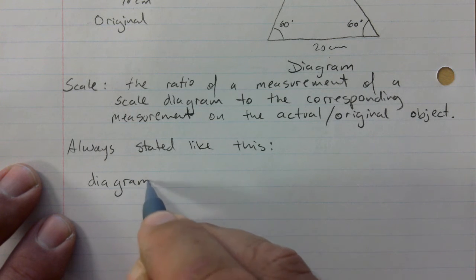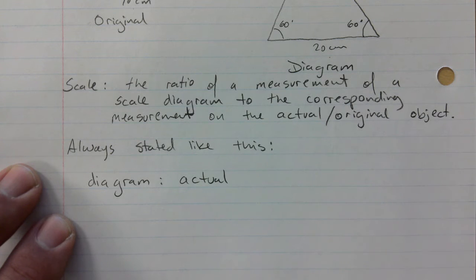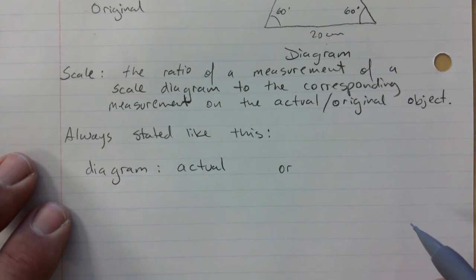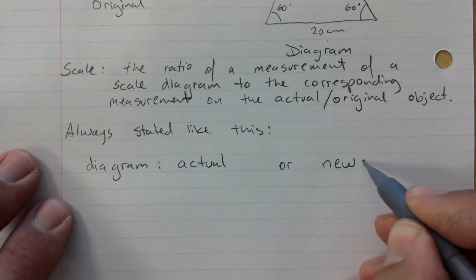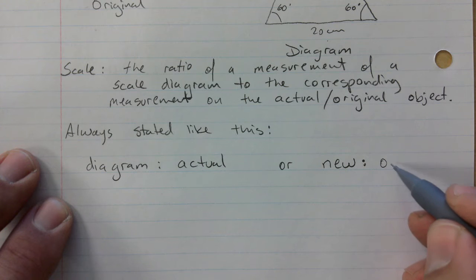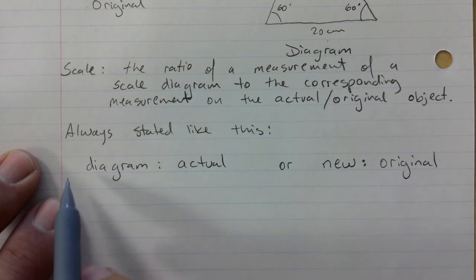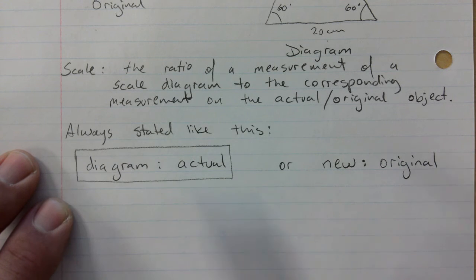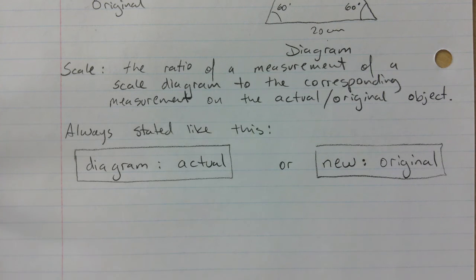You can have diagram to actual, or new to original. When is one better than the other?